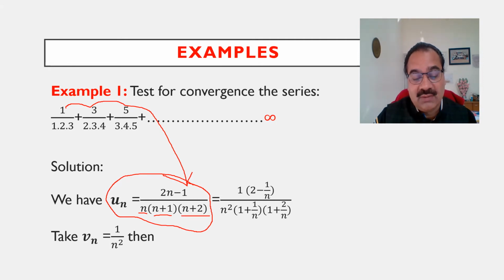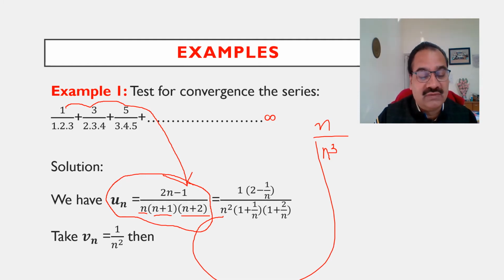So n divided by n cube gives n square, so we have n square times 1 plus 1 by n into 1 plus 2 by n. In this way you get the simplified form of un, because n tends to infinity means 1 by n tends to 0. So this is the purpose of this calculation.